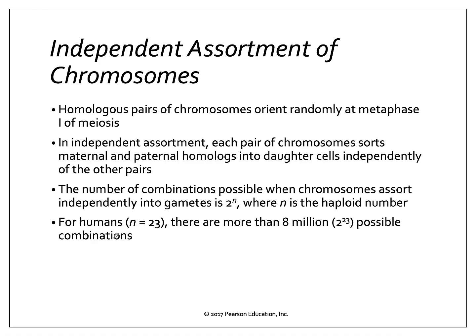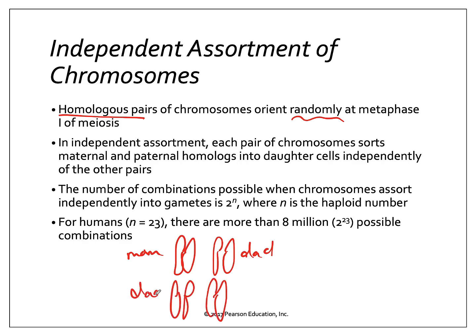Independent assortment of chromosomes is talking about how the homologous chromosomes line up at metaphase, and this is random. So all I mean here is which chromosome is on the left and which chromosome is on the right. Is this one from mom and this one from dad? Or is this one from dad and this one from mom? There's equal chance of this scenario or this scenario.